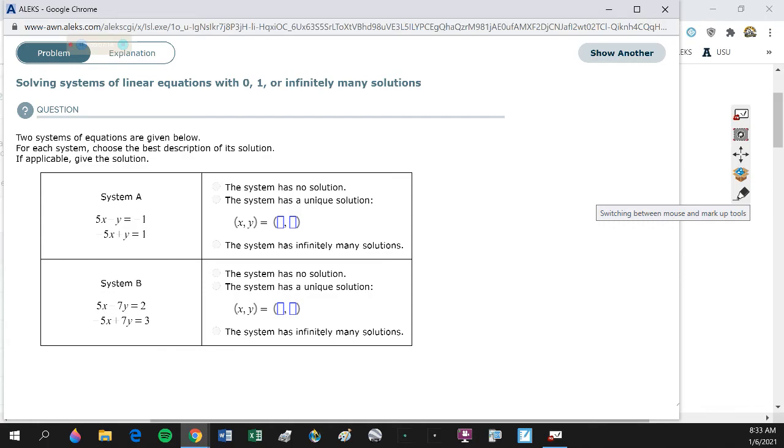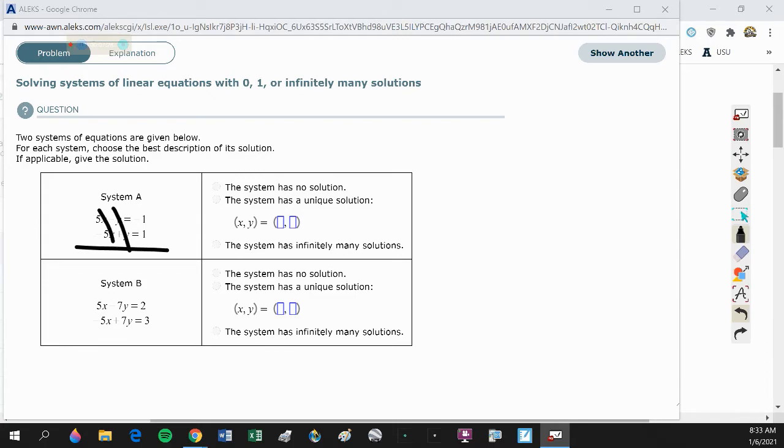Here's something we haven't done before. Let's eliminate this first one. The x's cancel, the y's cancel, and I get 0 equals 0.